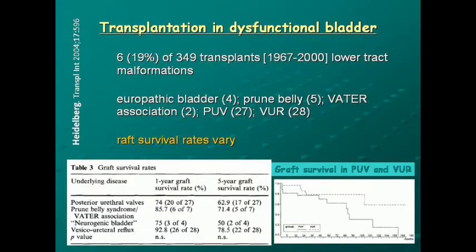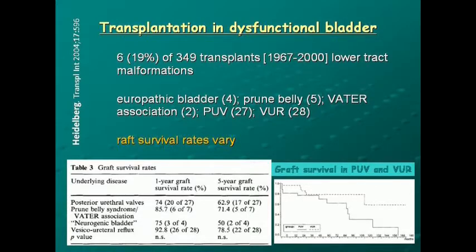Again, there is data from Heidelberg. This data was published in Transplantation about 5 years back. Almost 20% of all transplant patients had lower tract malformations. And this is the typical distribution that we would be seeing in most urological centers: neuropathic bladder, prune belly, etc., reflux.